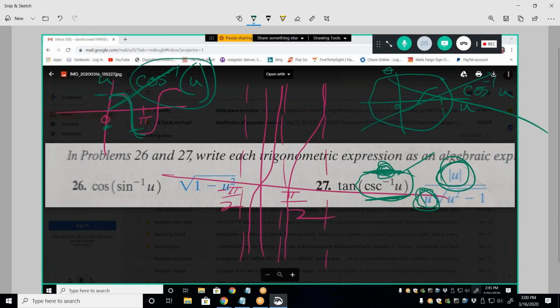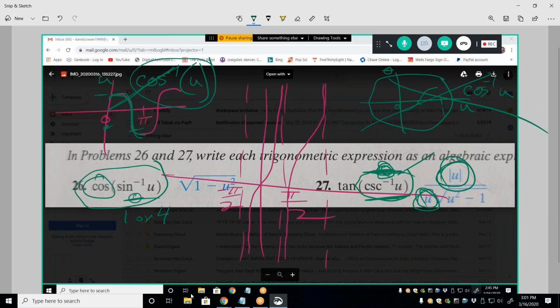The same restrictions apply to the first one. It just doesn't require the absolute value of u over u to resolve it. It works out on its own, mainly because cosine is positive in the first and fourth quadrants. In other words, number 26 is restricted to the first or fourth.